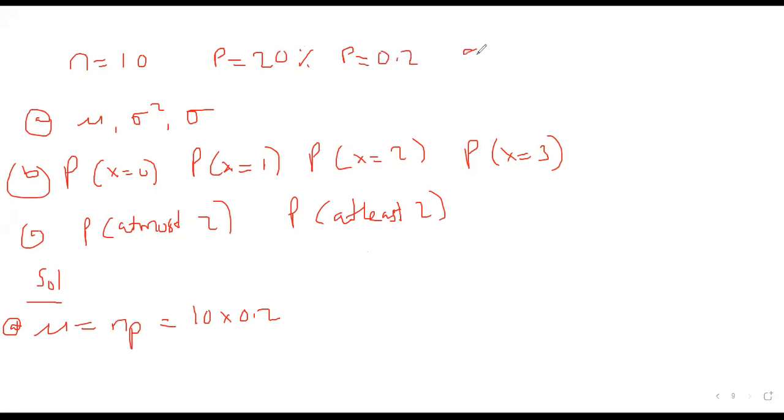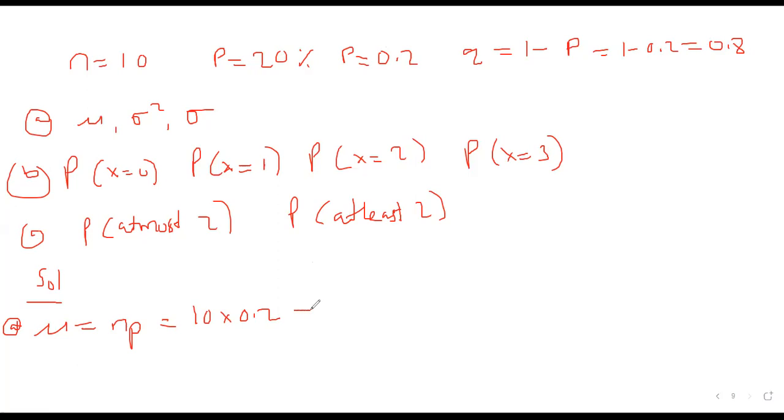So Q should be the remainder. It's 1 minus P. So if P is 20%, Q is the remainder. What is the remainder from 20%? 80%, which is 0.8. If here there was 20%, there should be 80%, or 0.8. If there was 10%, there should be 0.9. If 30%, 0.7. Here they complement each other, right?